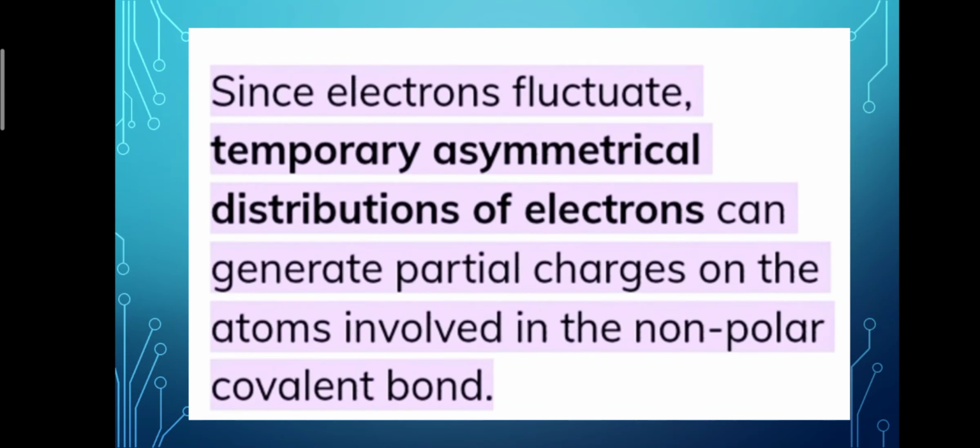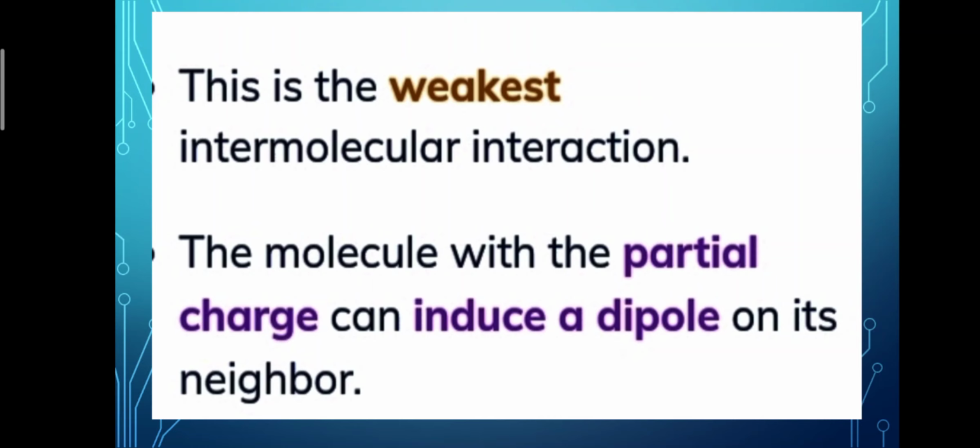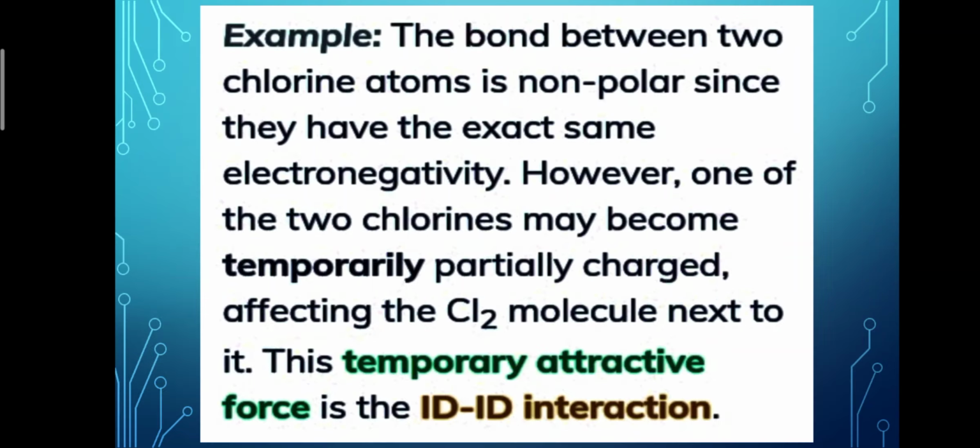Since electrons fluctuate, temporary asymmetrical distributions of electrons can generate partial charges on the atoms involved in the non-polar covalent bond. This is the weakest intermolecular interaction. The molecule with the partial charge can induce a dipole on its neighbor.